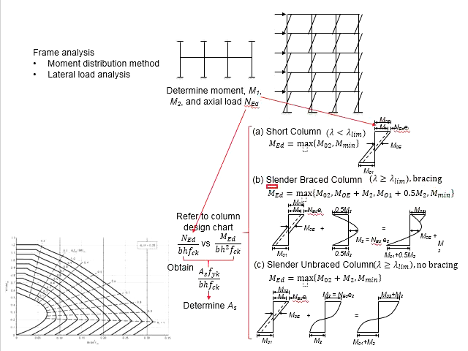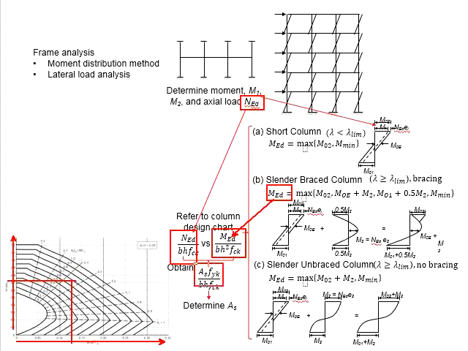Once you have determined the MED, substitute the MED into the formula here and also substitute the NED into the formula here, which give the y-axis and the x-axis of the design chart, and from the plot that you obtain from the design chart, acquire the AS.